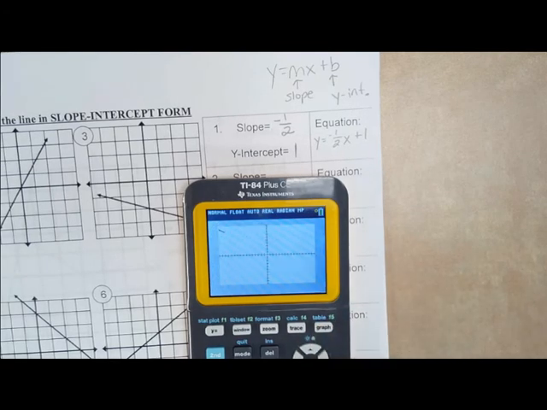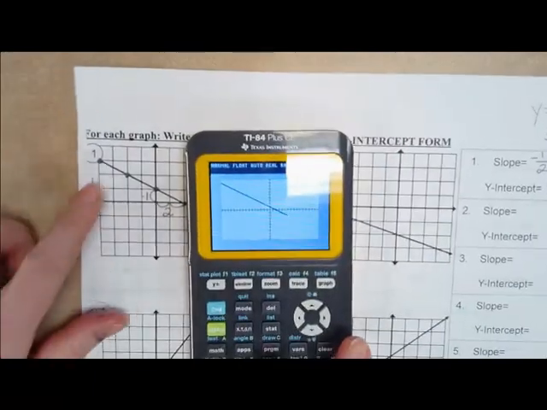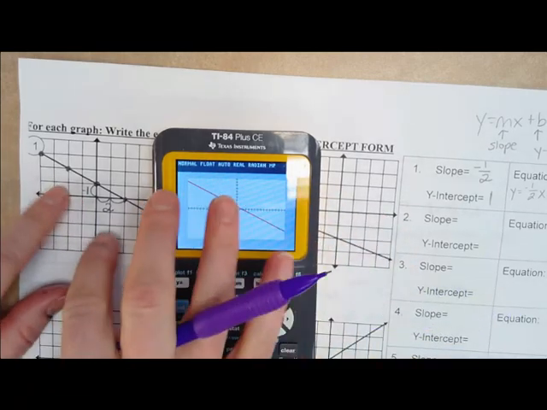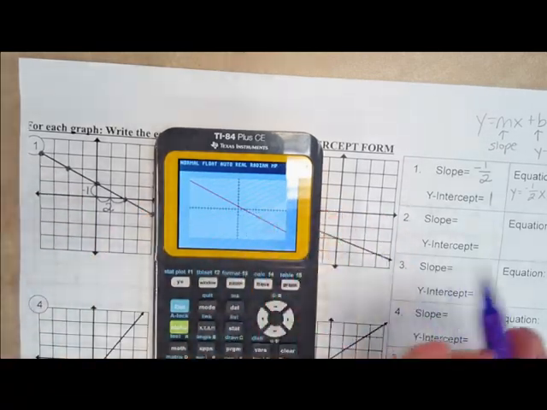Okay, and then when we hit graph, we want to compare this line with this line. Are they the same? Yep. Just this one is more zoomed in, but they are the same.